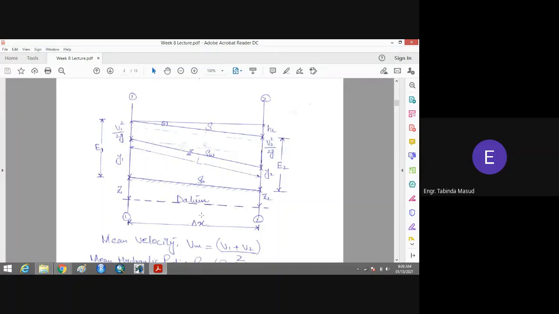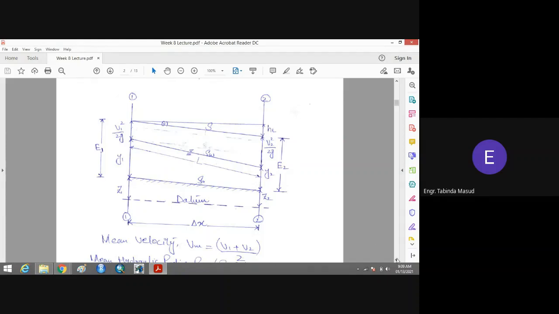Delta x is the distance between the two sections, section 1-1 and section 2-2, or the distance between the two depths of flow, y1 and y2, and this is L, the length of the flow. So this is all about the figure.